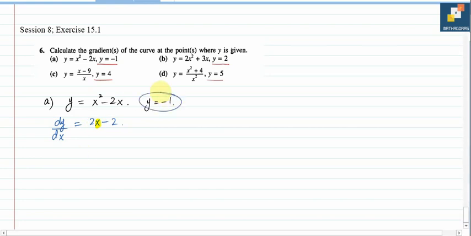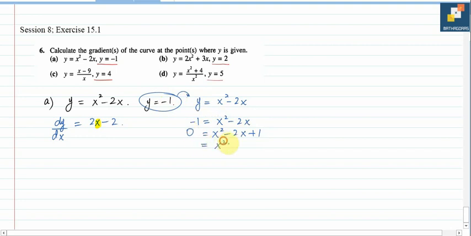Alright, so what is our equation? The equation is y equals x square minus 2x. If I substitute the value of y here, it's minus 1 equals x square minus 2x. If you arrange it, x square minus 2x plus 1 equals 0. Now it leads to a quadratic equation.